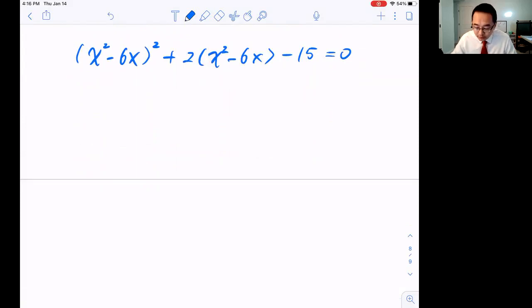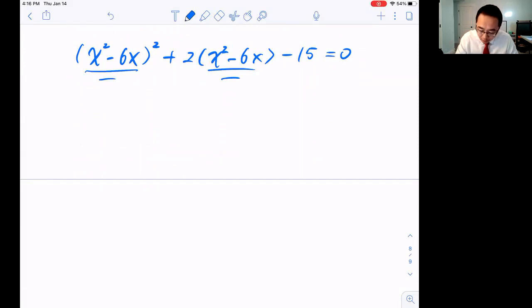So one way to do this is to notice, okay, this term here and this term here are exactly the same, right? So instead of trying to expand everything and solving for x, you can just solve for x squared minus 6x first. Now this is not too complicated necessarily, but if you multiply this through, x squared, squared again is x to the 4th power. That can be pretty complicated to do, right?